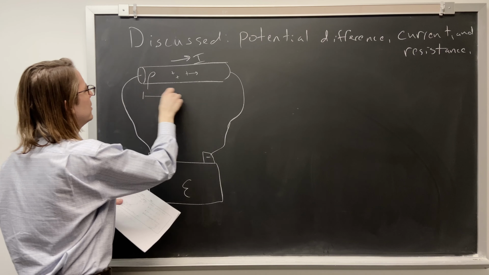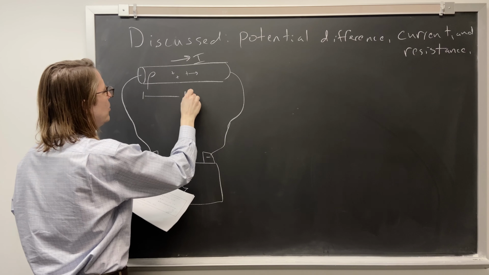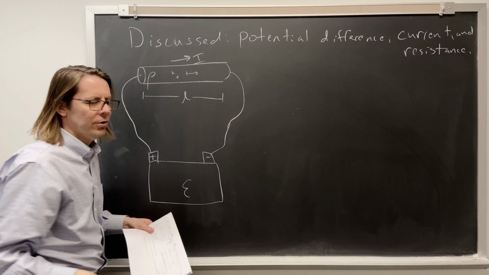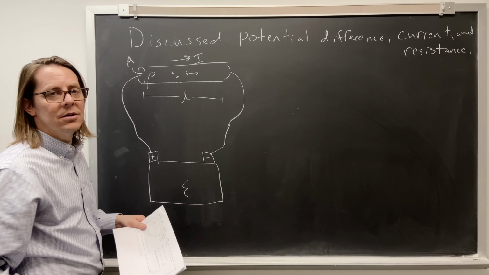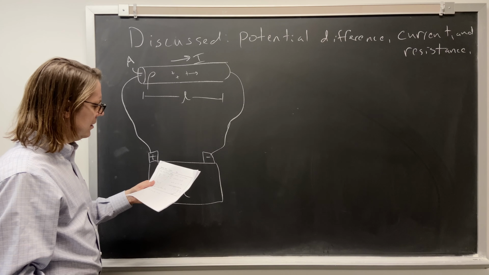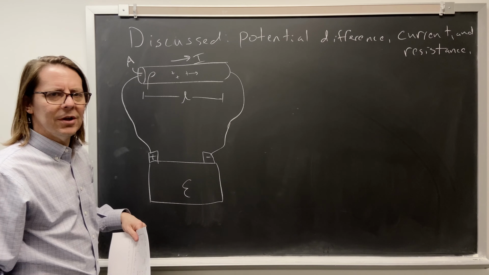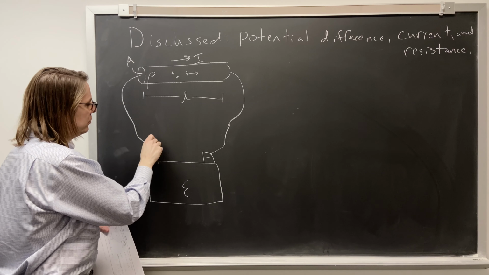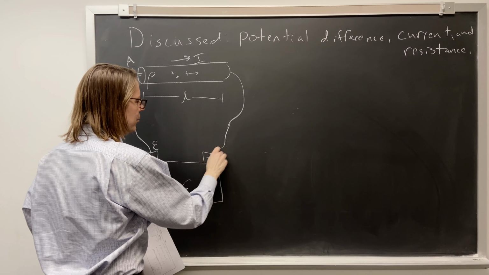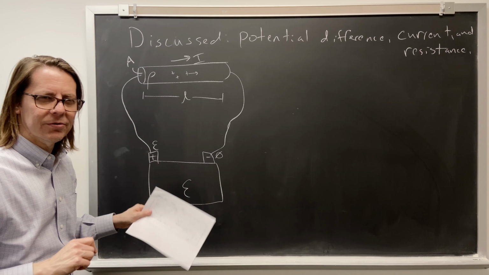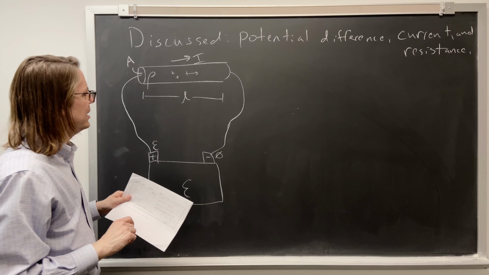We know that the length of the wire we've been calling L, or the length of the cylinder. We know it has a cross-sectional area A. And we know that this electrode would be at EMF volts, and this would be at 0. If we wanted to set the negative electrode as 0, this would be at EMF.